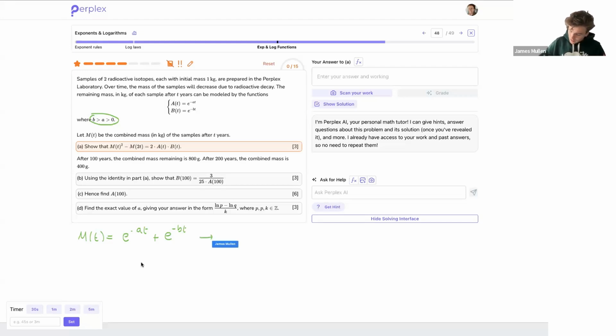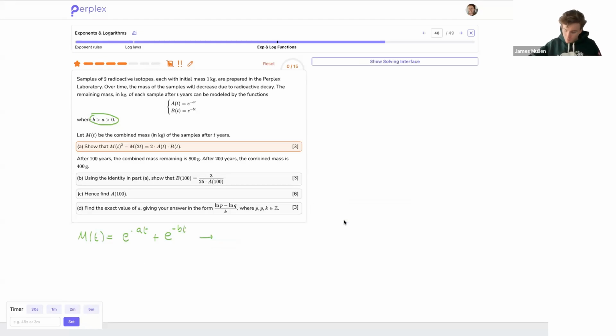If I do m of t squared, I'm going to get e to the negative at squared plus 2 e to the negative at times e to the negative bt plus e to the negative bt squared.